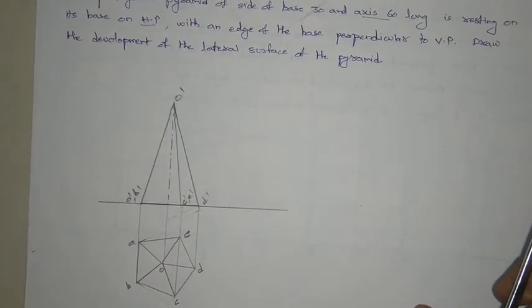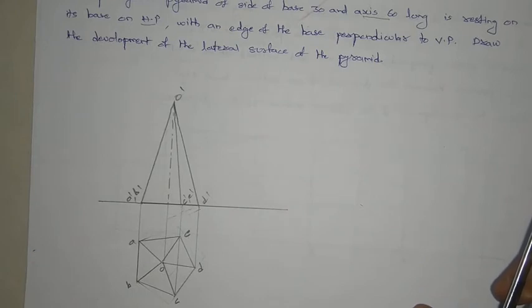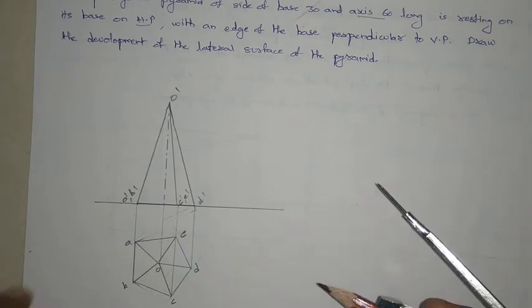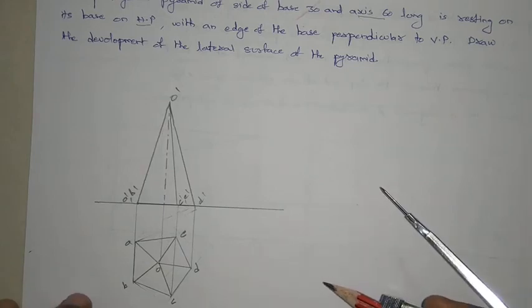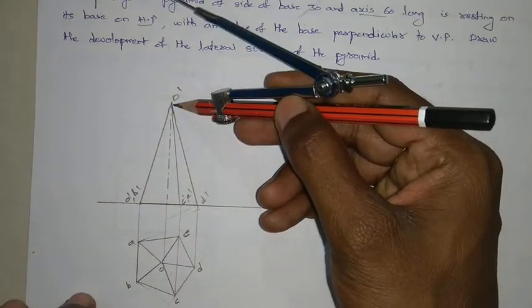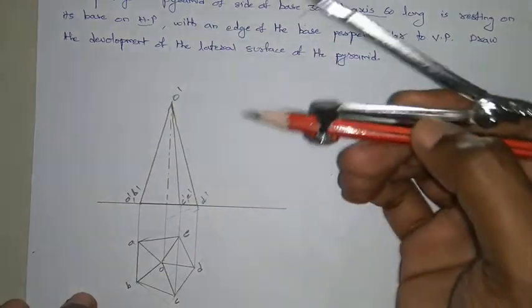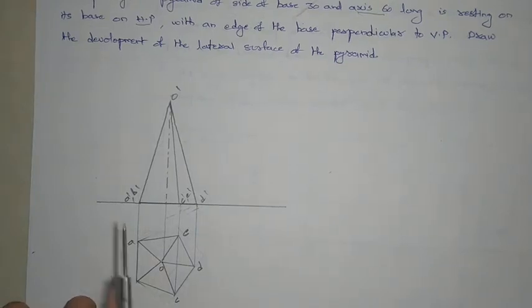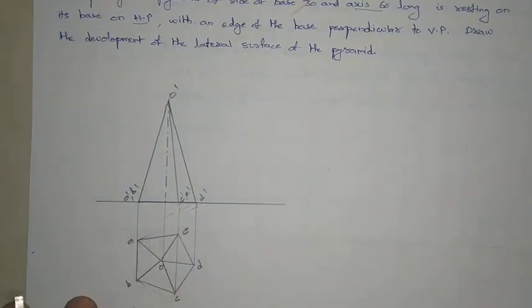Now for the development, remember that we have to consider the length of a slant edge. What do you mean by slant edge? This is nothing but slant. That slant means which is having some inclination, slant edge. Okay, so for this pyramid we'll be having 5 slant edges, that is OA, OB, OC, OD, OE.